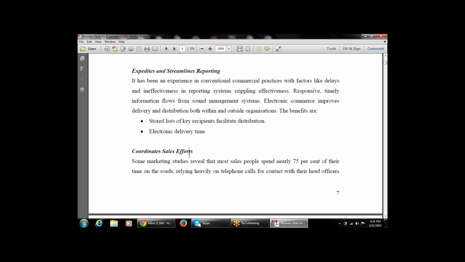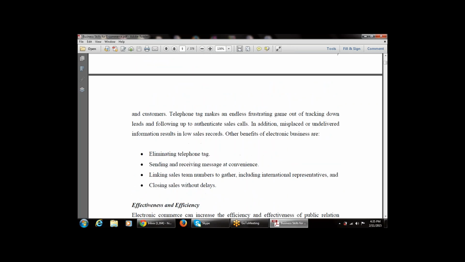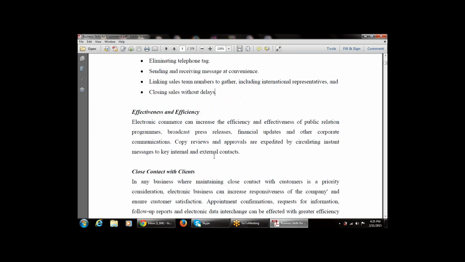E-commerce saves the majority of the time otherwise spent on the roads, and it coordinates the sales effort. Then there are other benefits of e-commerce: it eliminates telephone tag, allows sending and receiving messages at your convenience, links the sales team together, and closes sales without delays.